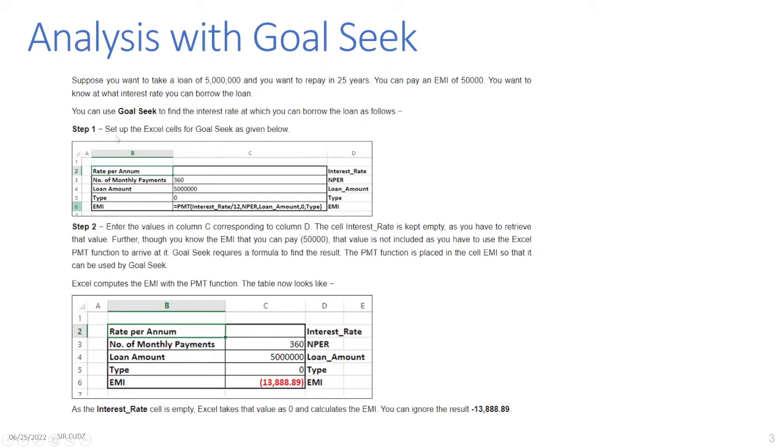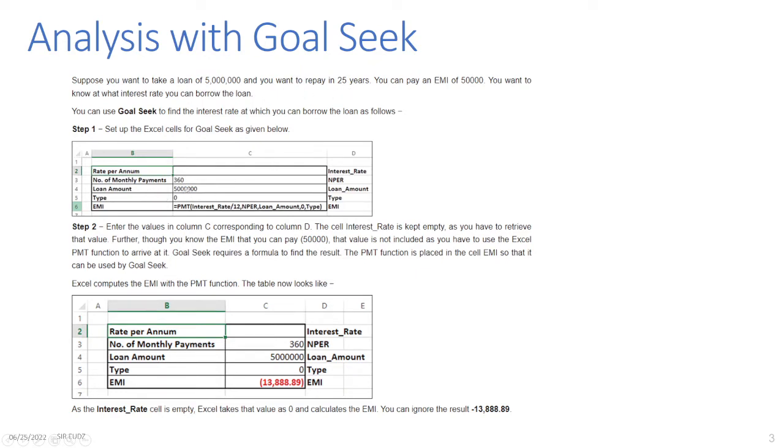So step 1, set up the Excel cells for Goal Seek as given below. So rate per annum, it's blank here. Then we have number of payments, 360, so 25 years.